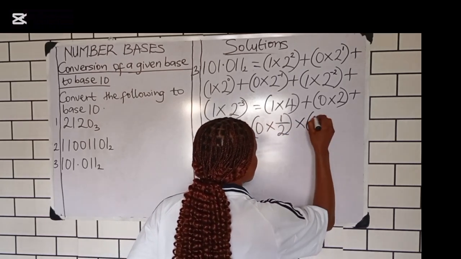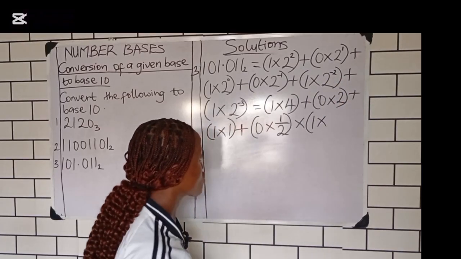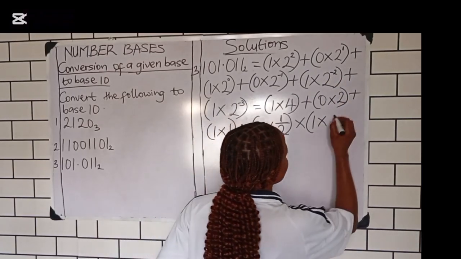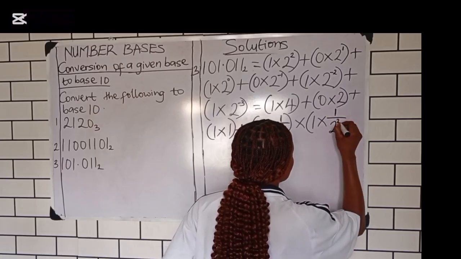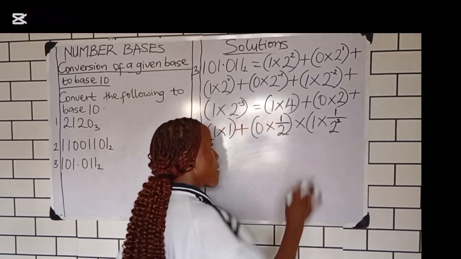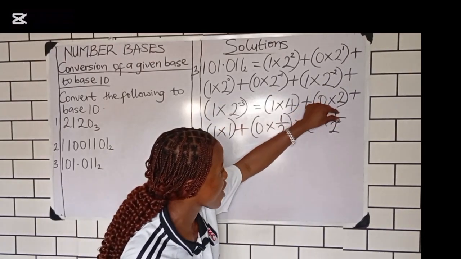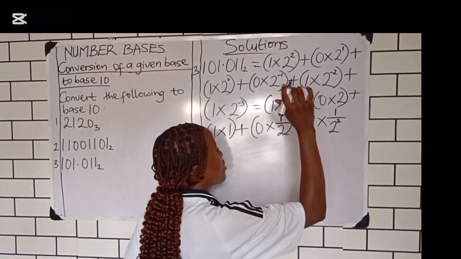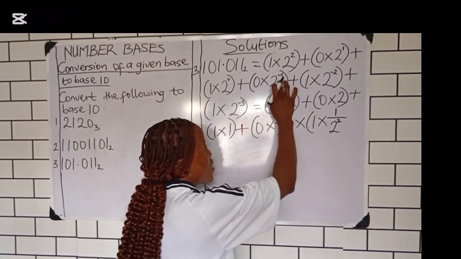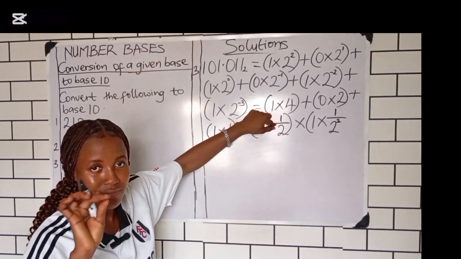Times bracket 1 times 2 raised to power bar 2 will give us 1 over 2 raised to power 2. Remember, bar here signifies over, 1 over. This 1 over here is the bar.